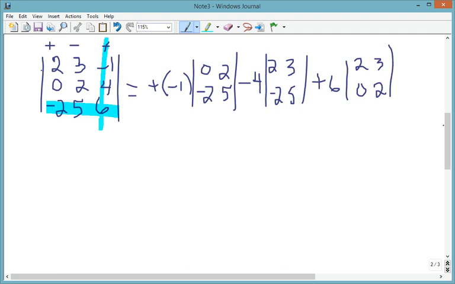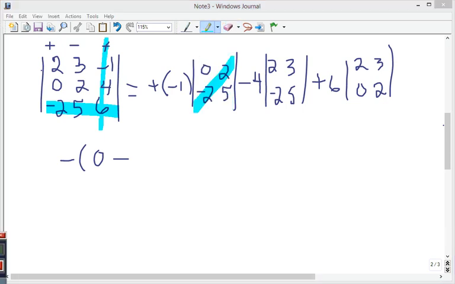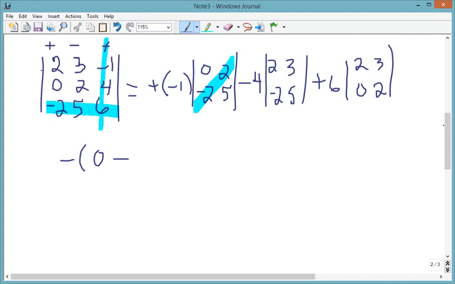And now I can just add these up. I got a negative 0 times 5. I'm just going to go ahead and do all these determinants. So I first do multiply this way. So I get 0 minus, and then I multiply this way. So I get negative 4.